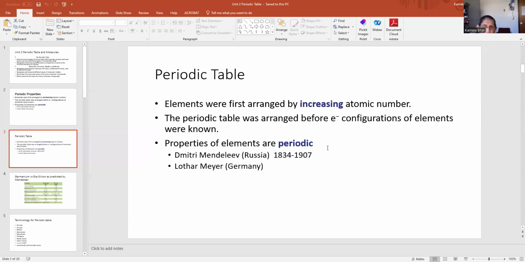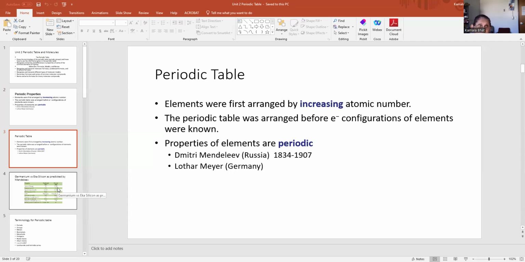When atomic weights are considered, there are some discrepancies on the periodic table.